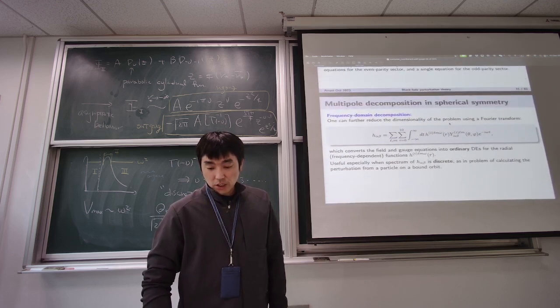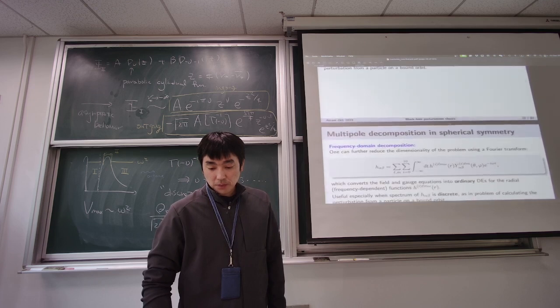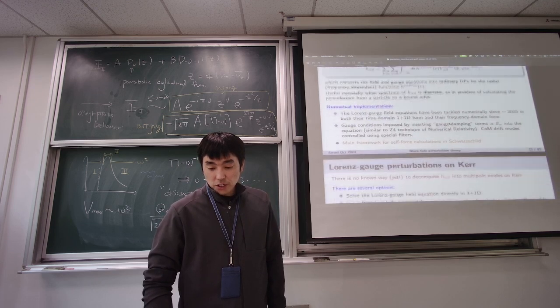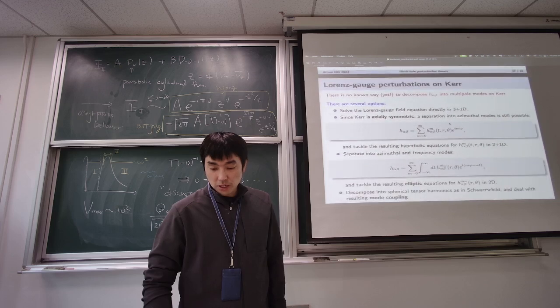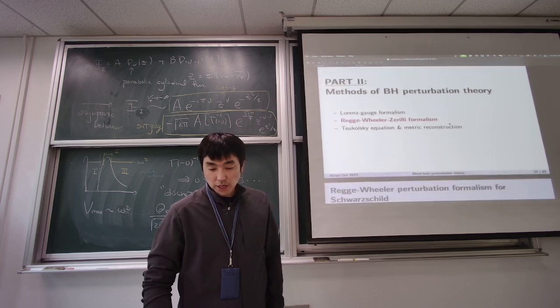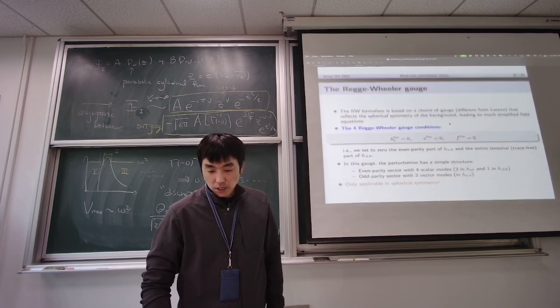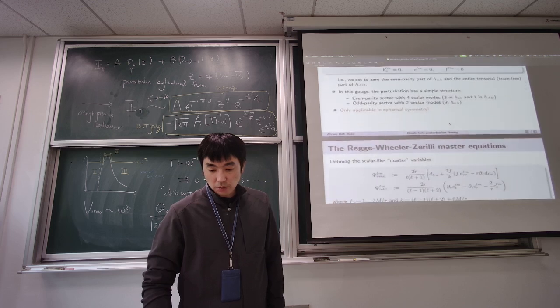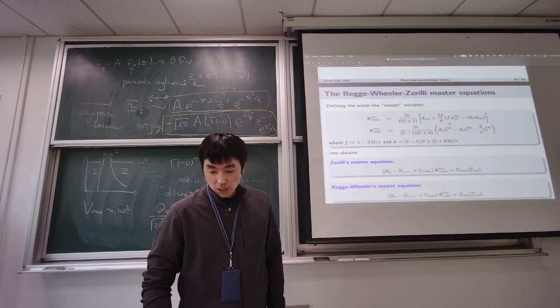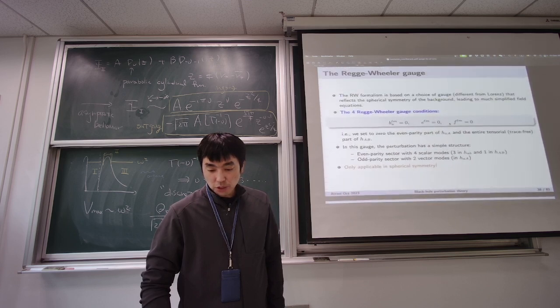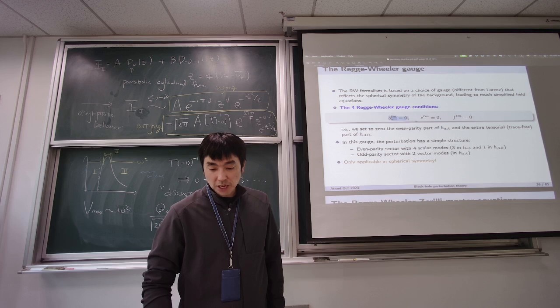And then just solve the Einstein equation. They made some assumptions, and then they solved the equation for the perturbed solution by assuming some gauges in spherical harmonics.